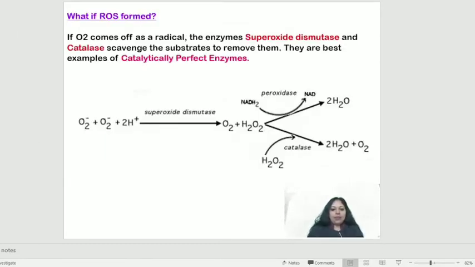So what if ROS are formed? Normally they will not form or will be scavenged, but if they are formed, we have our army in the cells: the enzymes superoxide dismutase and catalase. These two scavenge these unwanted substances to remove them, and they are the best examples of catalytically perfect enzymes.